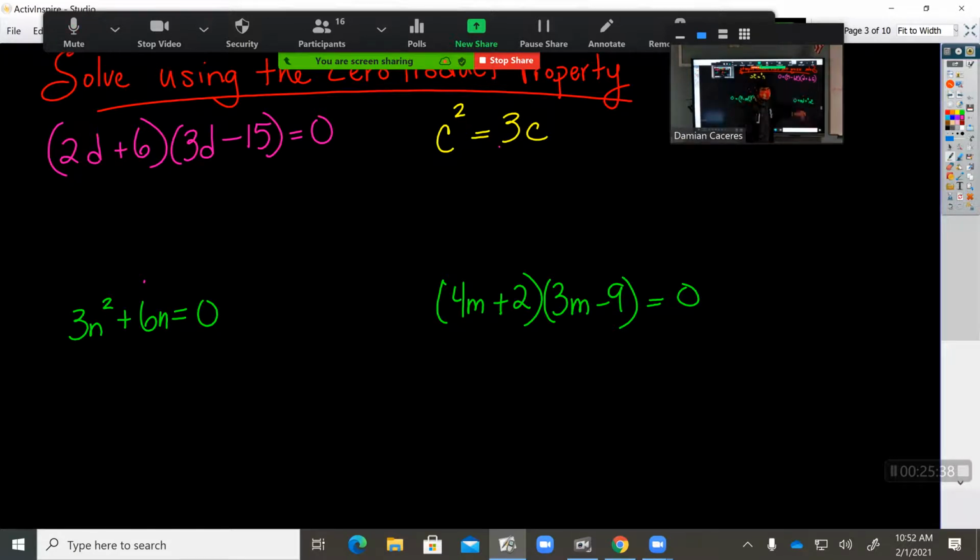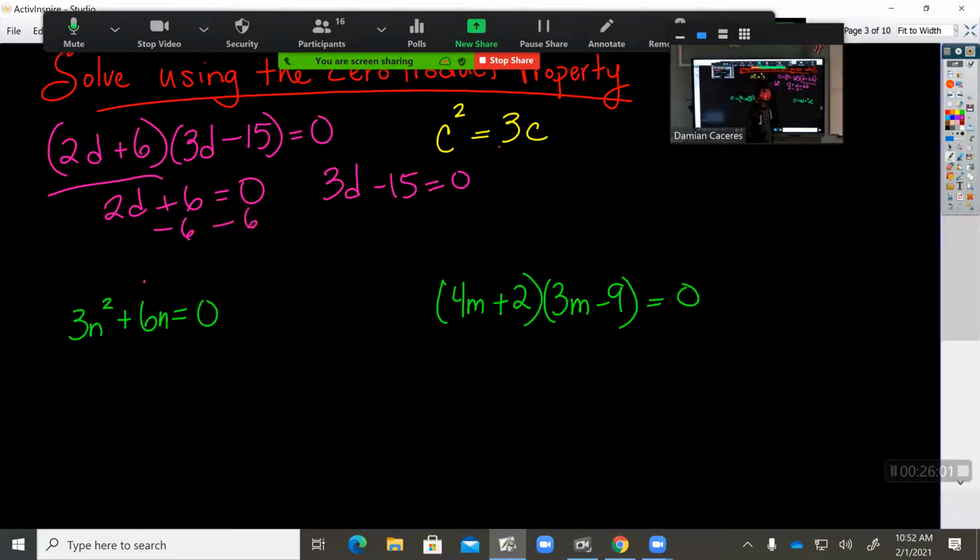So watch. What are the two factors on the pink question? The first factor is 2d plus 6. What do you do with each factor? Make it equal to 0. What's the other factor? 3d minus 15 equals 0. Now we just solve both, and those are our two answers.